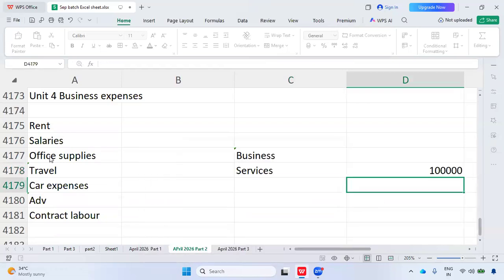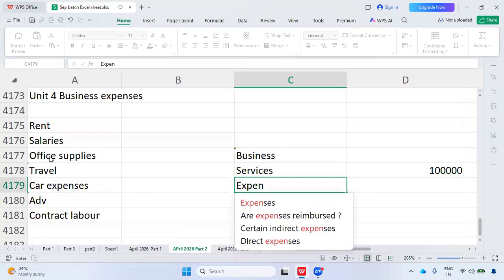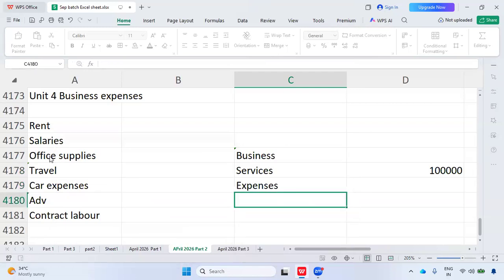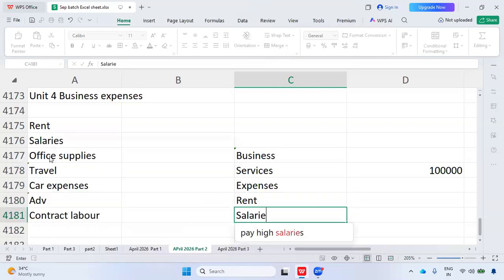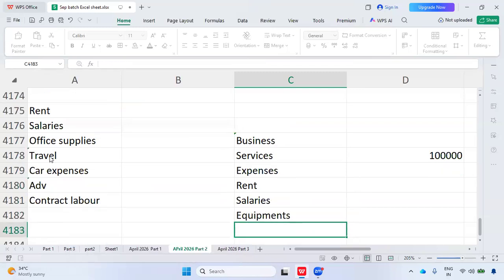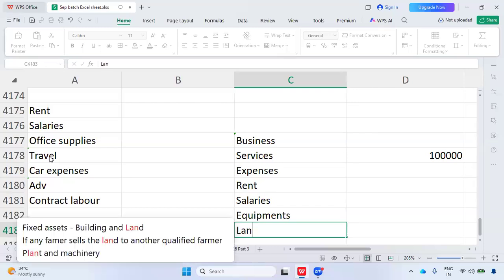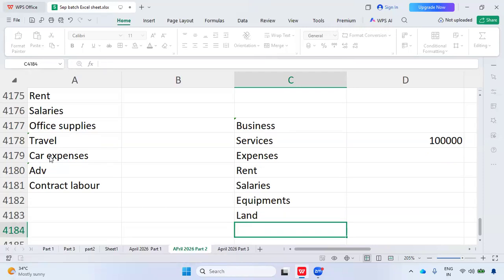The business also has some expenses: rent, salaries, equipment, and money paid to acquire land.